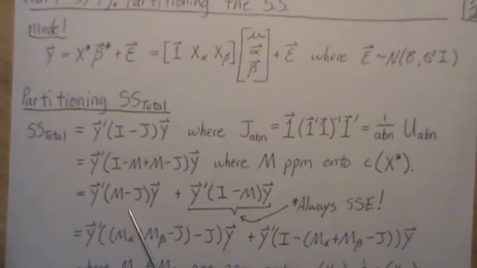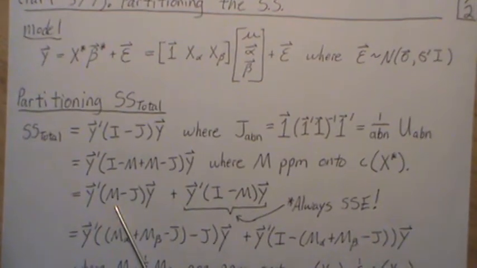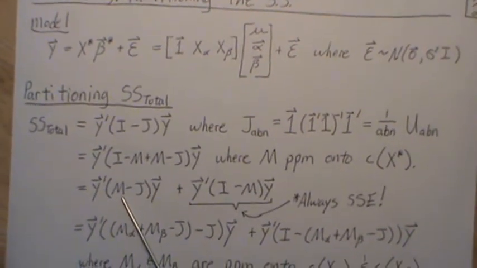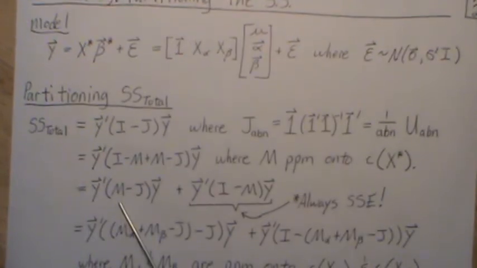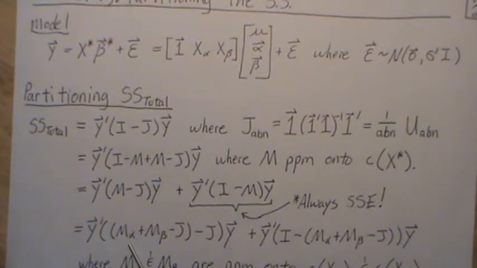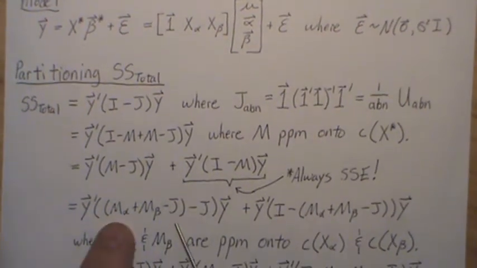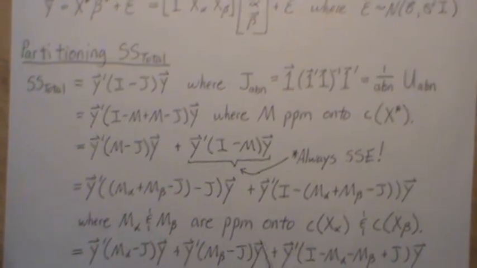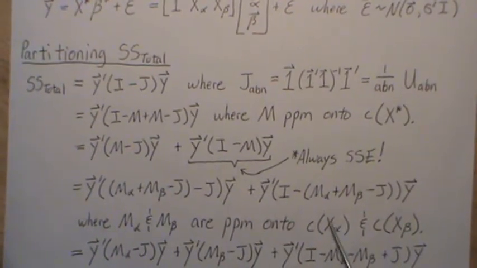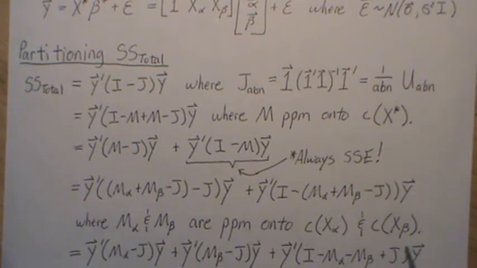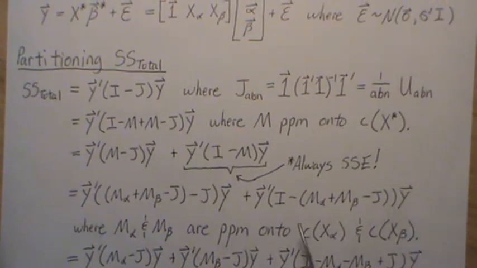Now for this piece, we write in what we know about the perpendicular projection matrix onto the column space of X star. And that is M alpha plus M beta minus J, where those are the perpendicular projection matrices onto the column space of X alpha and X beta respectively.